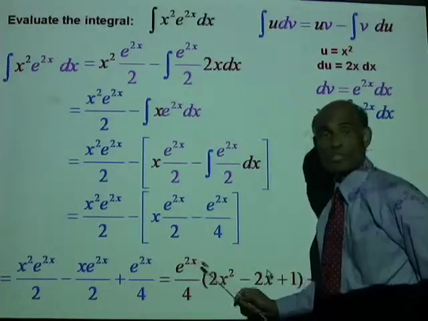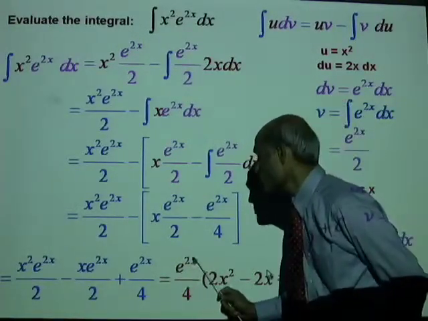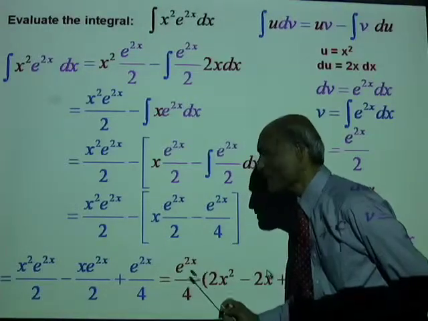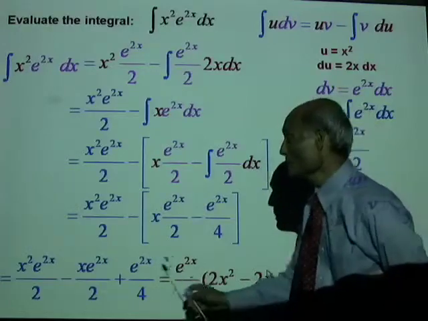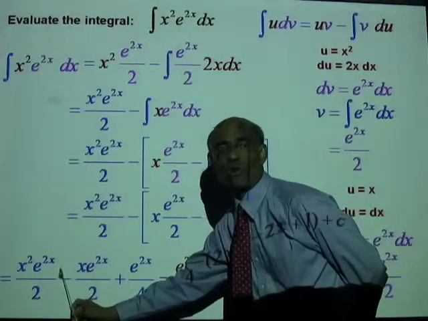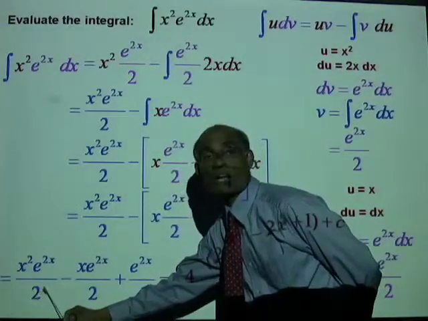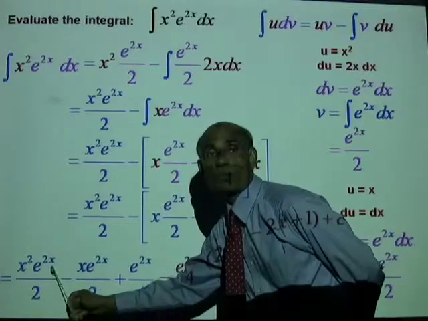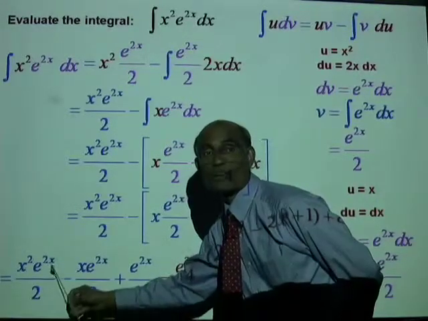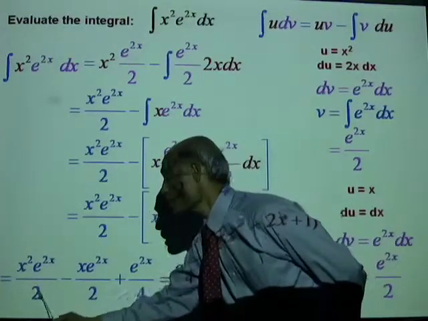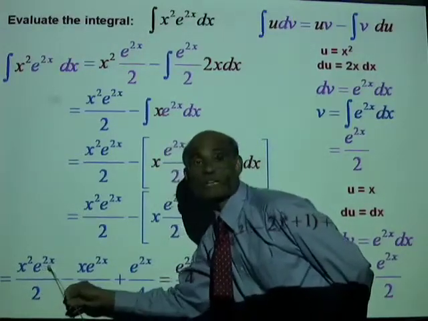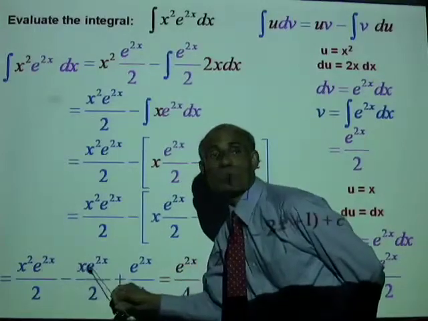But if you notice, I have taken e to the power of 2x divided by 4 as the common factor. That's easy because all you need to do is make that denominator 4 by multiplying numerator and denominator by 2.